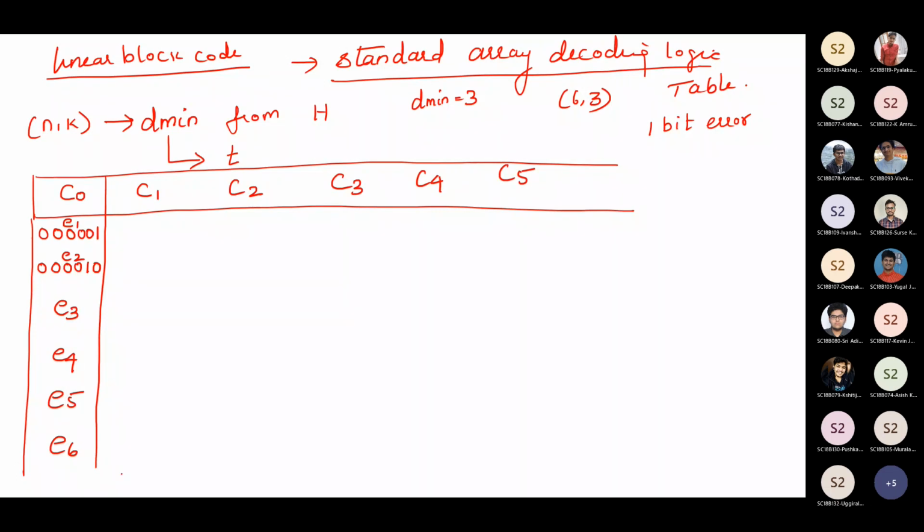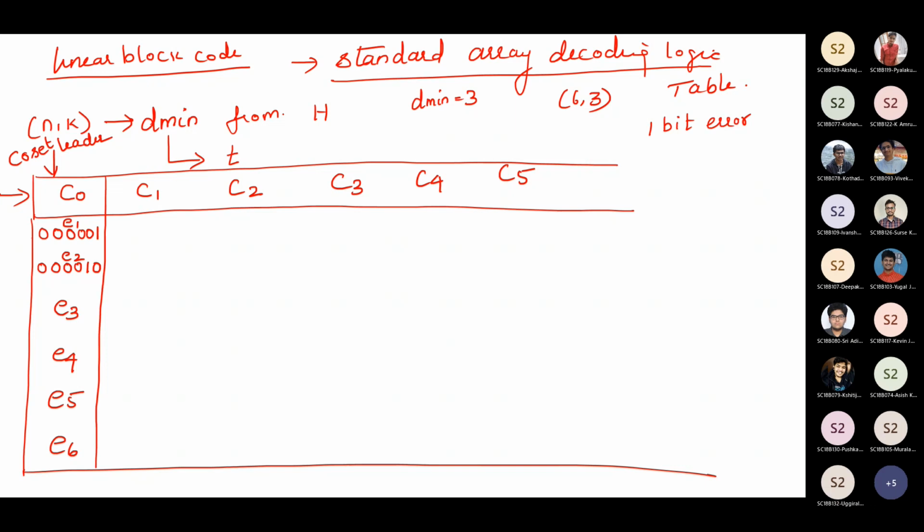This first column is called the coset leader. In the first row I write all the code words, 6 code words for (6,3).